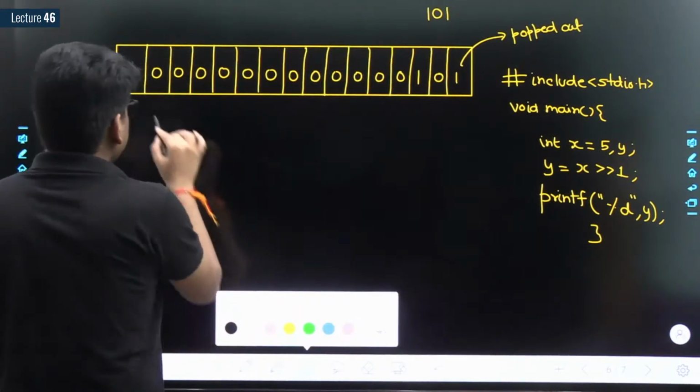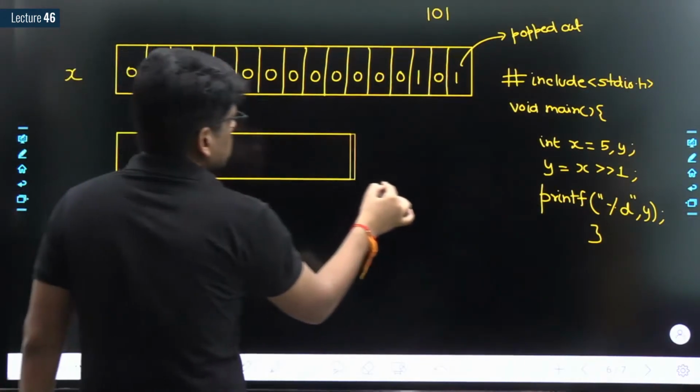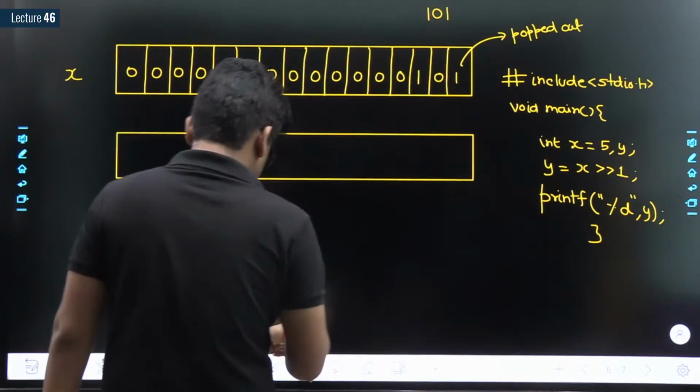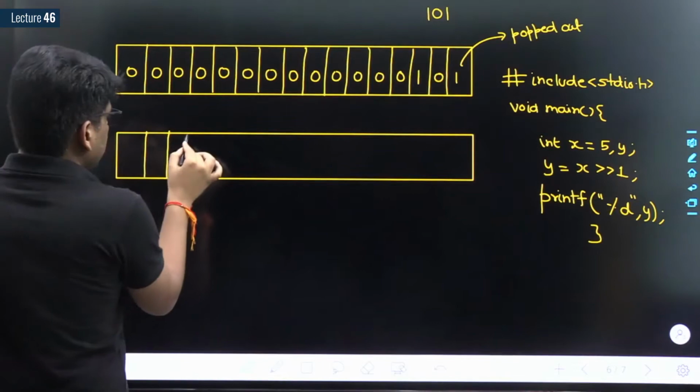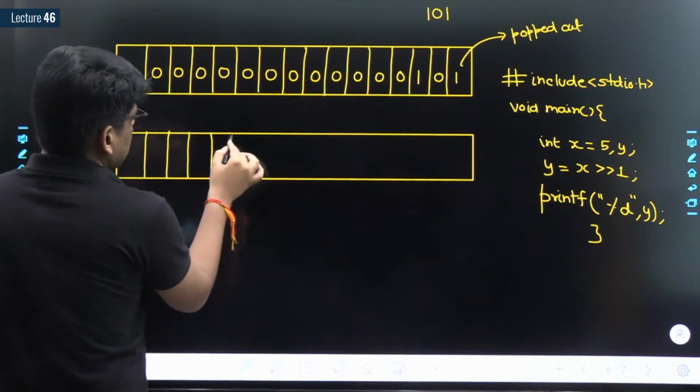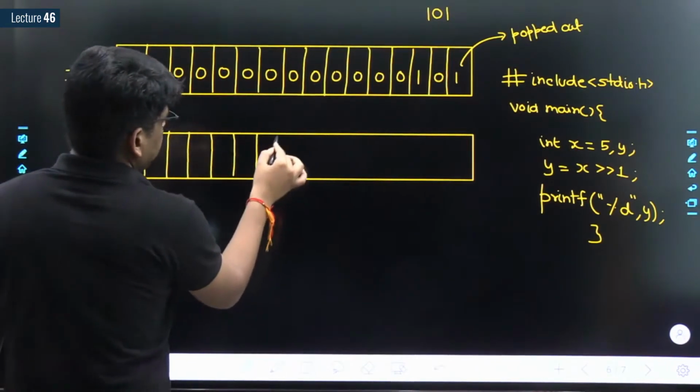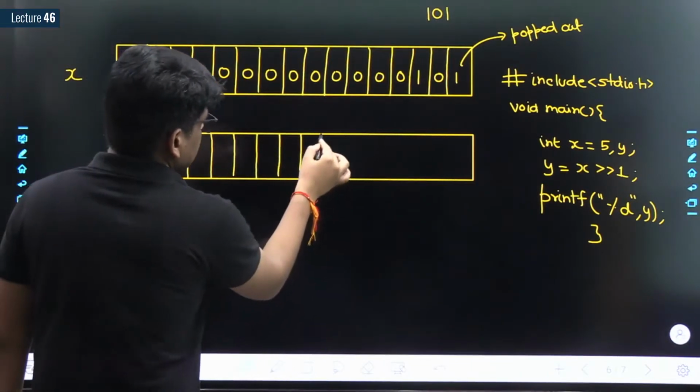Very easy operation. Everyone can understand it easily.